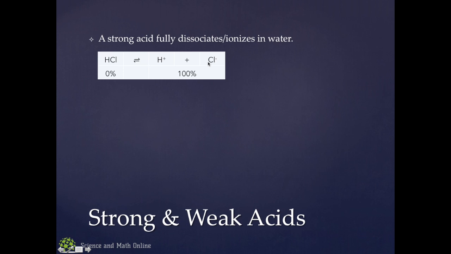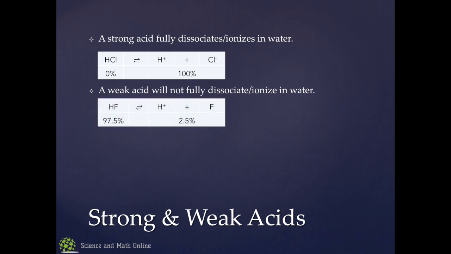So all of this is 100% and 0% of this. A weak acid, on the other hand, does not fully dissociate or ionize in water. So for example, hydrofluoric acid, when you have it in solution, 97.5% stays as HF, and only 2.5% ionizes into the hydrogen ion and the fluoride ion.